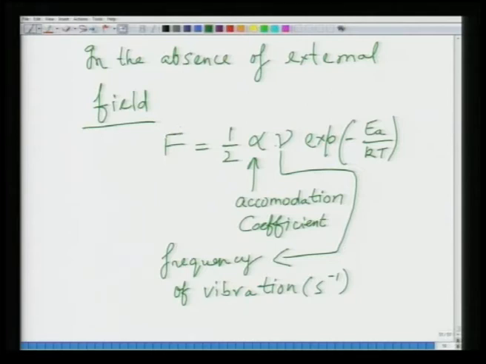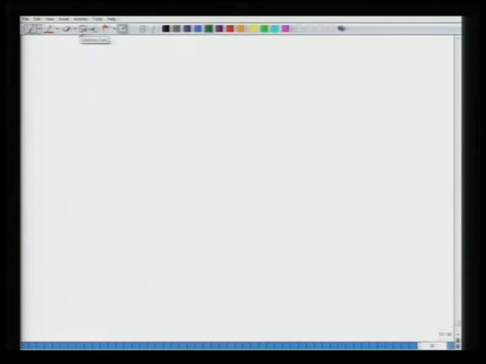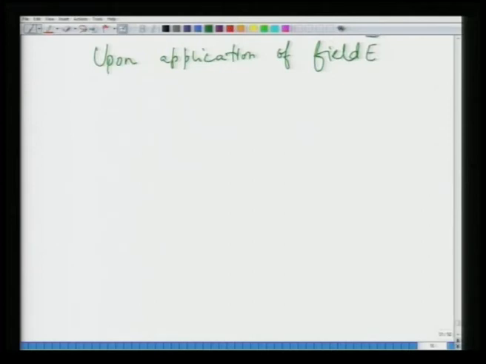What happens now when we apply the field? Upon application of field E, as you see, the energy wells have tilted to one side, which means the barrier to one side has decreased and on the other side it has increased.